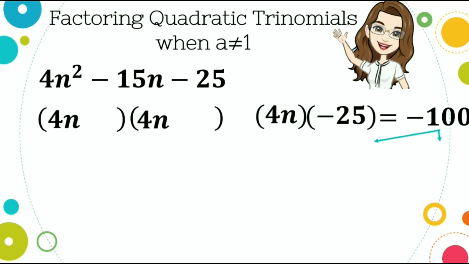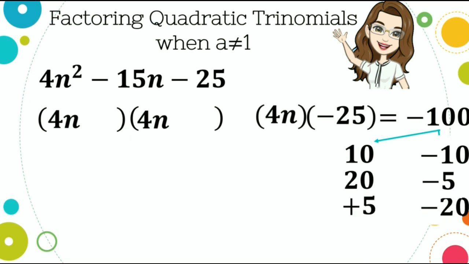Factor the product that you obtain. So, factors of negative 100 are 10 times negative 10, 20 times negative 5, positive 5 times negative 20, 4 times negative 25.